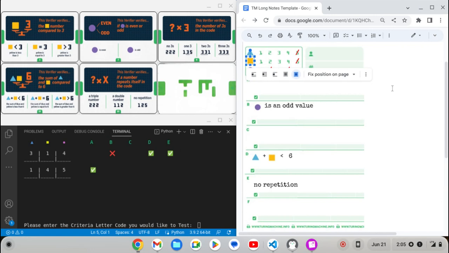And so that's in A. So square needs to be greater than 3. Notice that I do have a 4 in for square. That means that 4 is greater than 3, so square has to be greater than 3. And so that means that my square value, the only thing it could be is that 4.